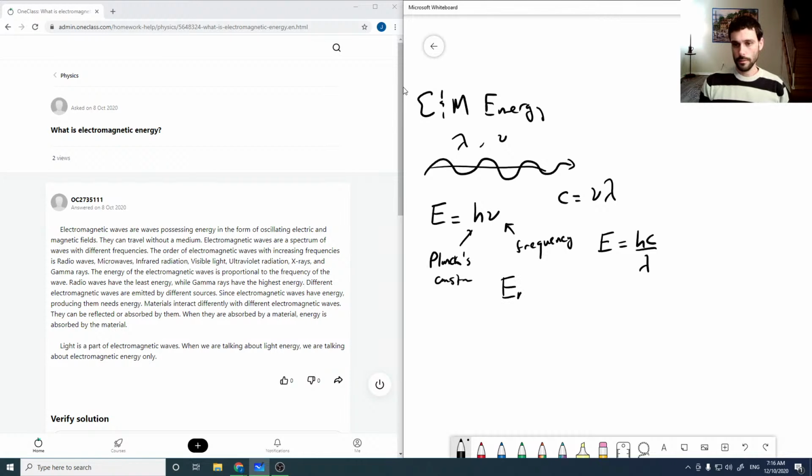So these expressions give us our energy per photon of an electromagnetic wave.